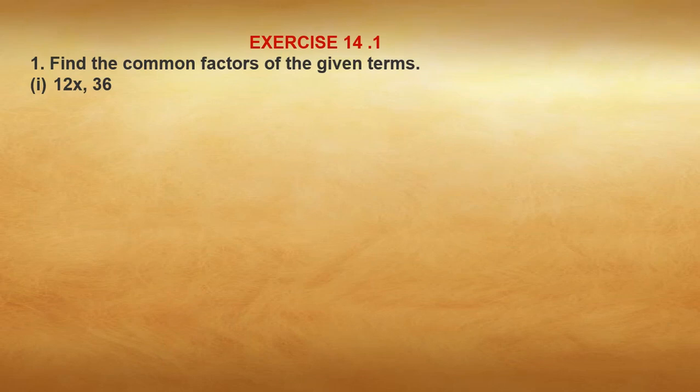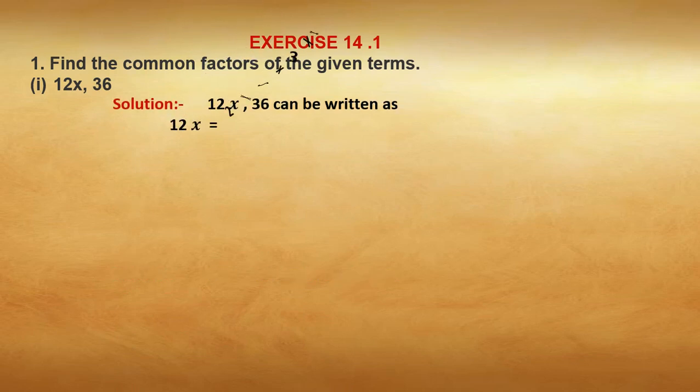So let us consider the problems. The common factor method we have to apply here. Find the common factor of the given terms. Let's see how we can perform it. 12x and 36: 12x can be written as 2 x 2 x 3 x x. Similarly, 36 can be written as 2 x 2 x 3 x 3.